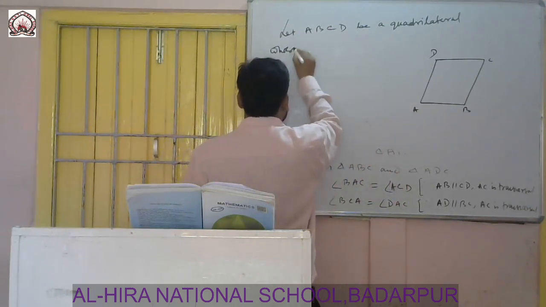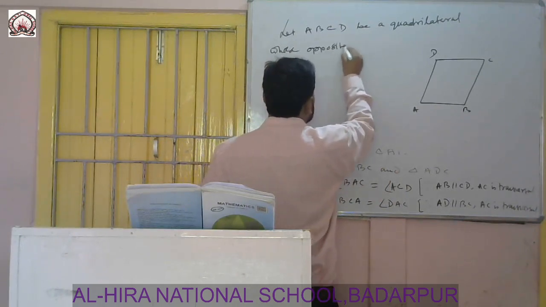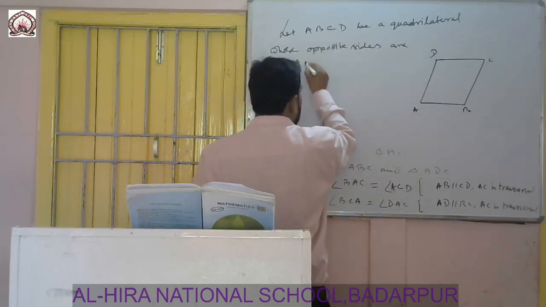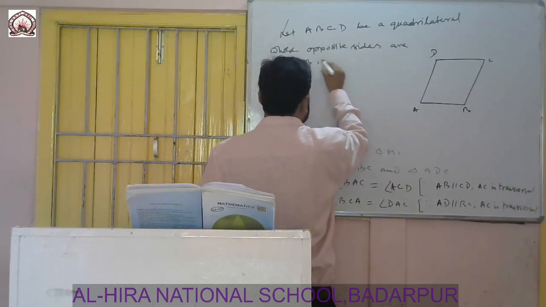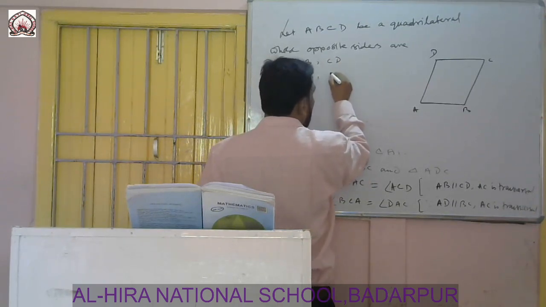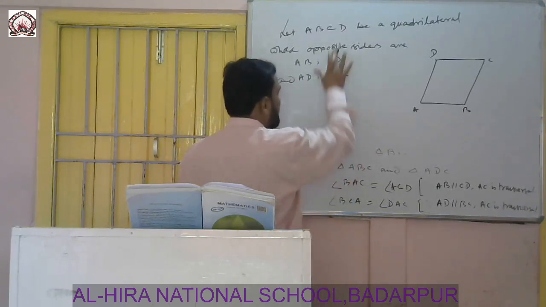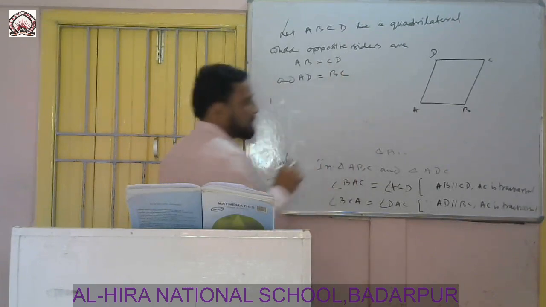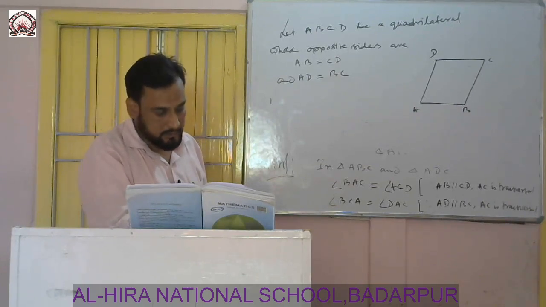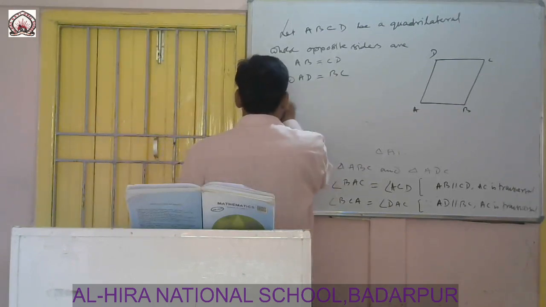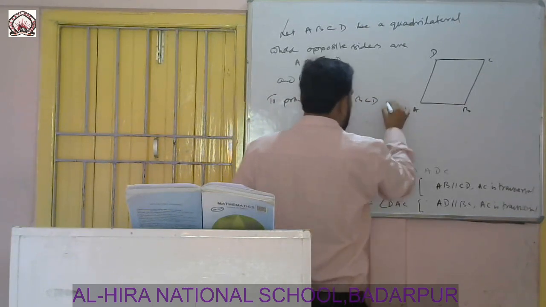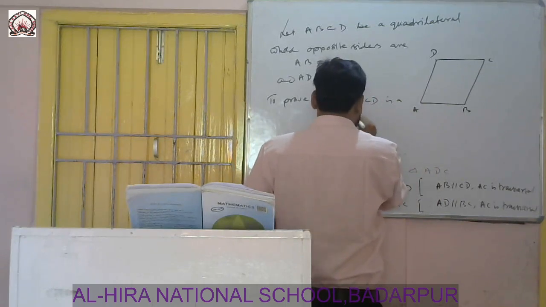AB and CD, and AD and BC. Opposite sides are equal. To prove that ABCD is a parallelogram.